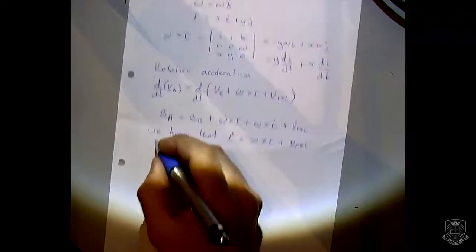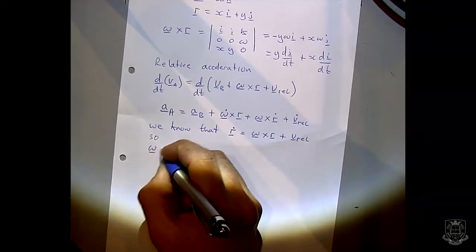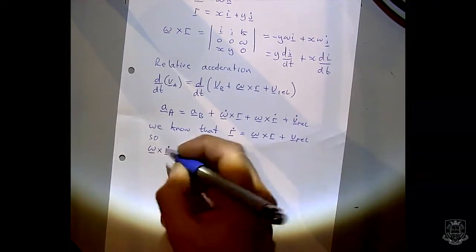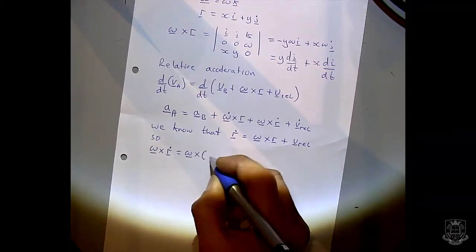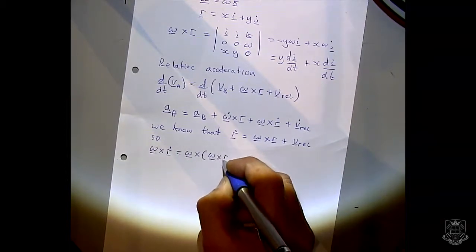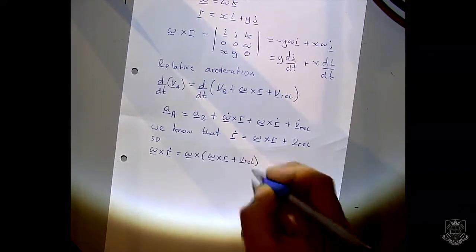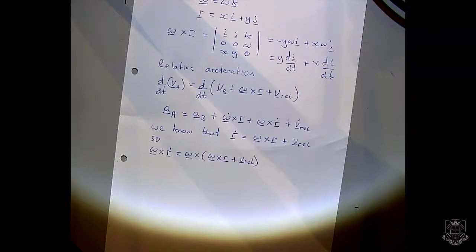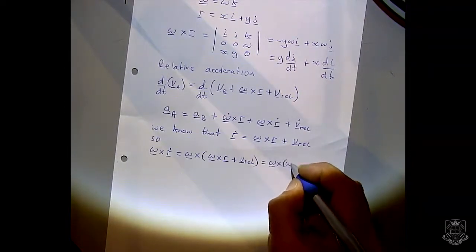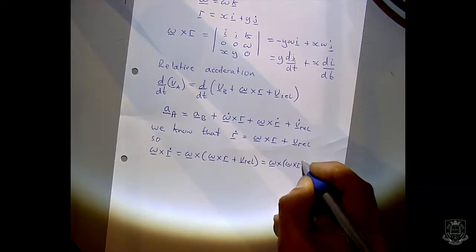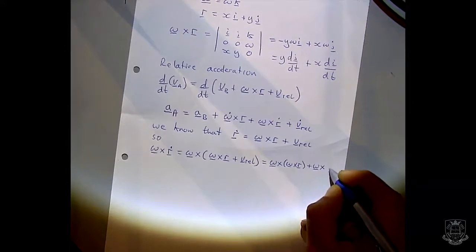That means we can take this term that's omega crossed with r dot, and we can work out what it is. So we get omega crossed with r, plus omega crossed with v relative.